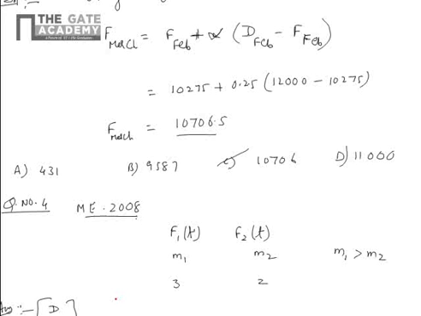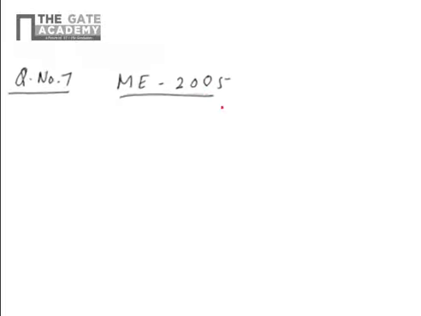Another logical question connects to concepts like weighted moving average and exponential smoothing. The question is question number 7, GATE 2005.